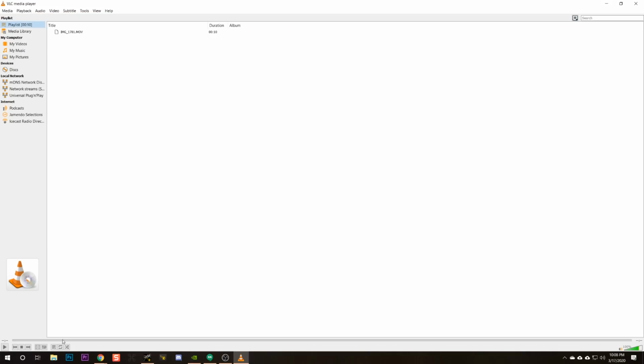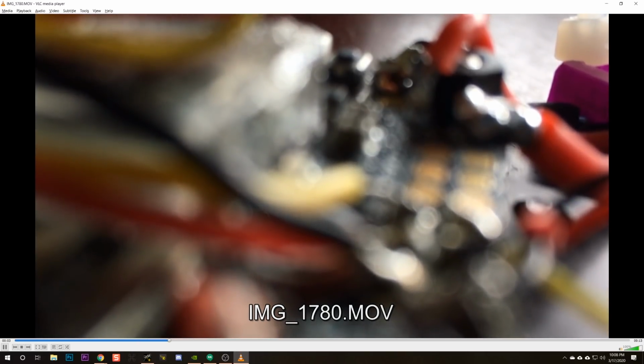The ESC goes doot, doot, doot, and then the flight controller goes brrrt, beep, beep. So that's also normal, but we didn't get the last two tones from the ESC. So the ESC went doot, doot, doot, and didn't do the doot, doot. That means that the ESC is not seeing the motor signal from the flight controller.